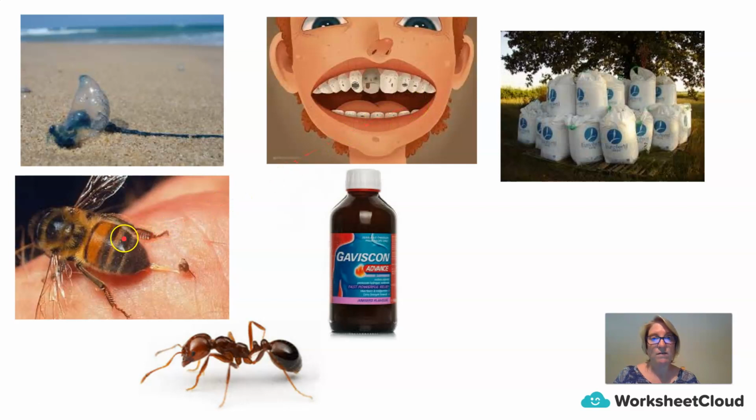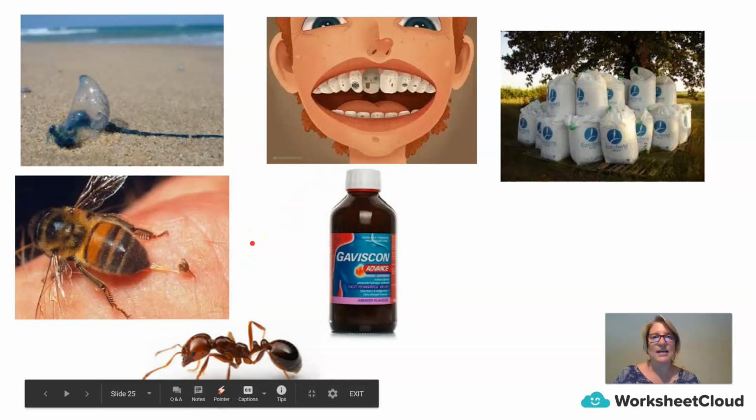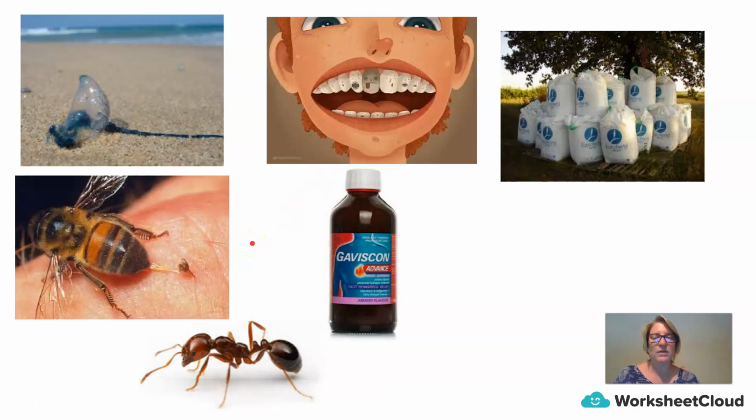I'm not too sure how many of you have been stung by a bee, but that burning sensation is also because of an acid in the chemicals that you find in the sting of a bee. And the same with an ant. If any of you have been bitten by an ant before, that stinging sensation is from formic acid that the ant produces when it bites you. And similarly, if you've ever been stung by a bluebottle. So one of the remedies in each of these cases is to add a medicine or an ointment that will neutralize these reactions.